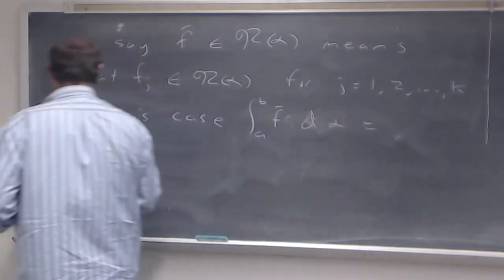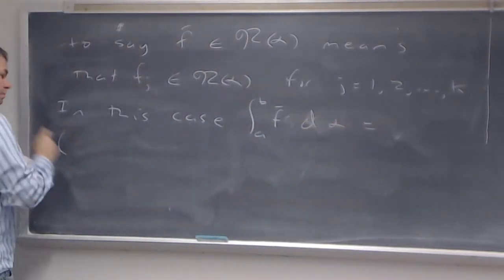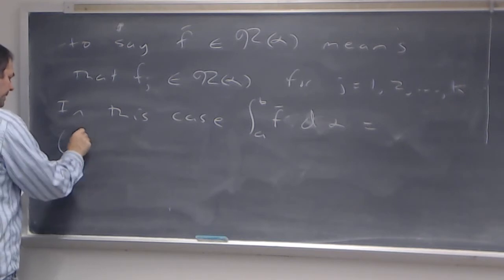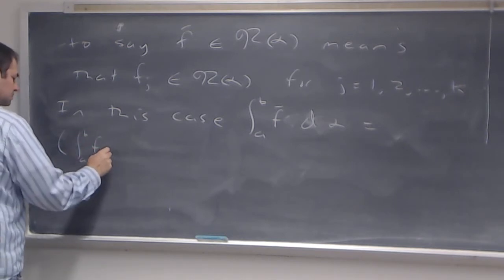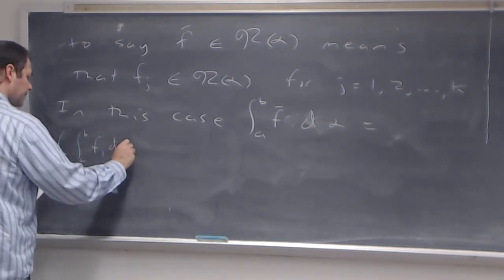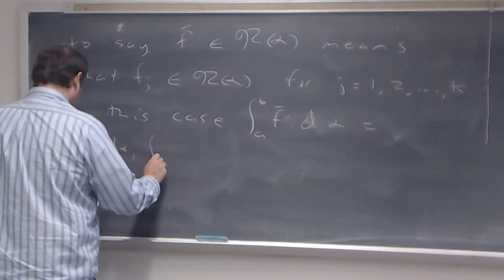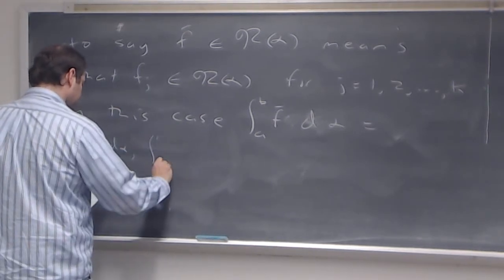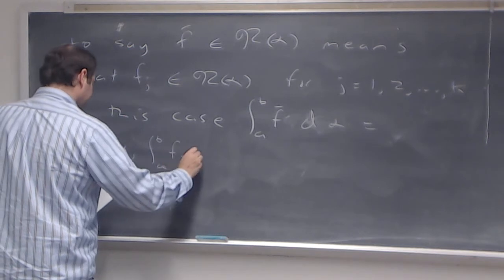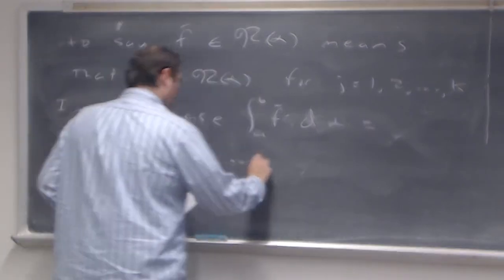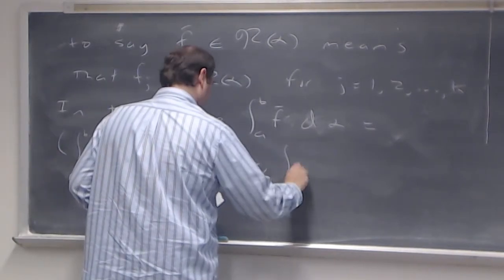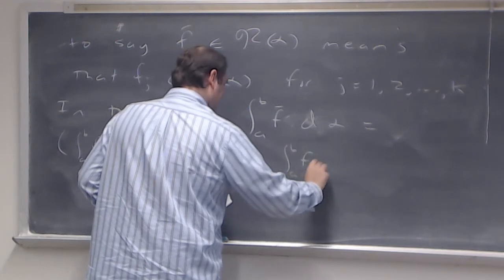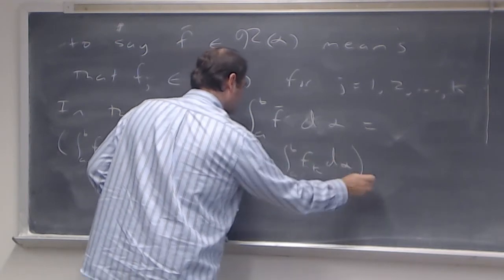We define it to be equal to the integral from a to b of f1 d alpha, integral from a to b of f2 d alpha, all the way up to the integral from a to b of fk d alpha.